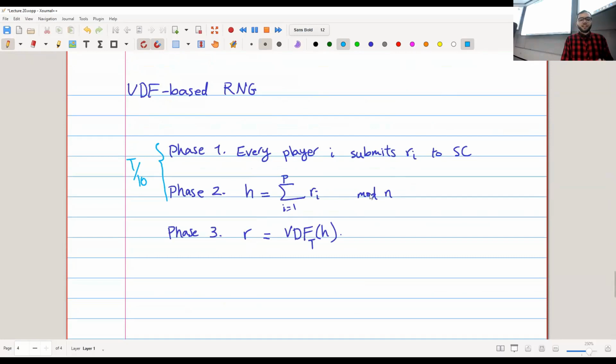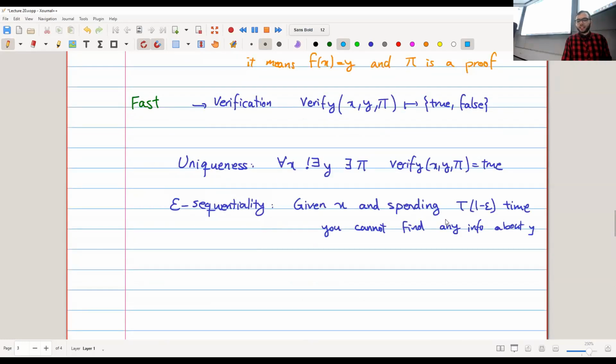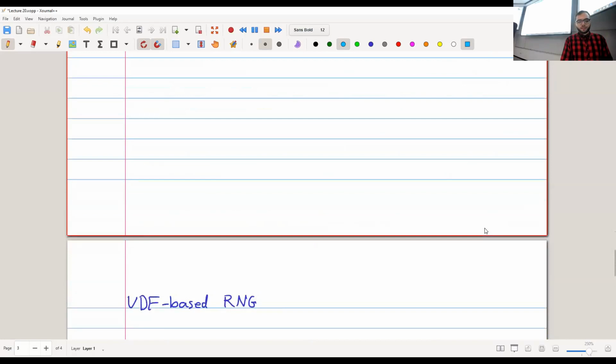And in phase 1, they don't know anything about R because they cannot run this VDF. This VDF takes T units of time and they don't have enough time here to run that. Based on this assumption, if they have even a factor of epsilon less than T time, they cannot find any information about it.